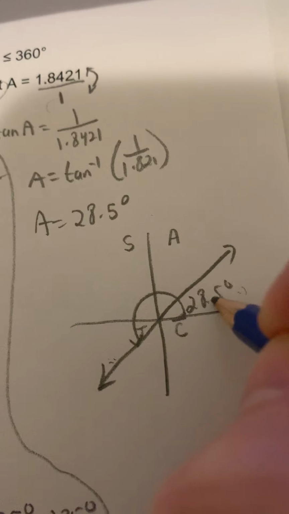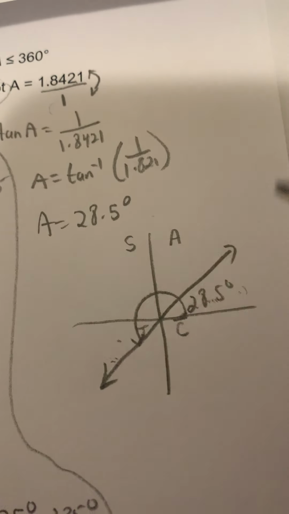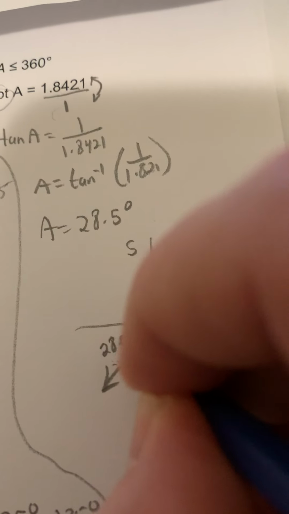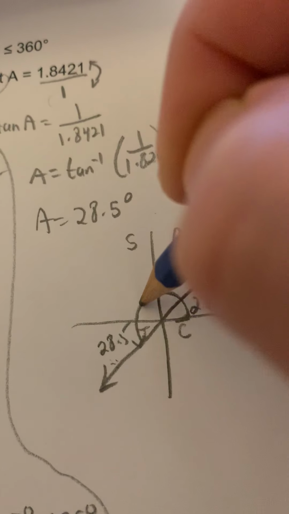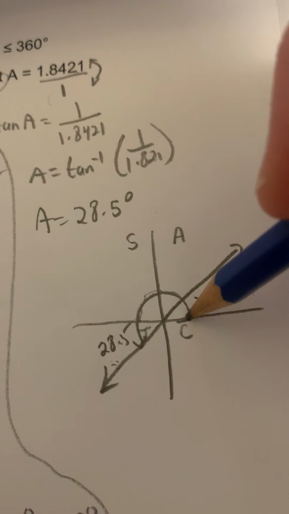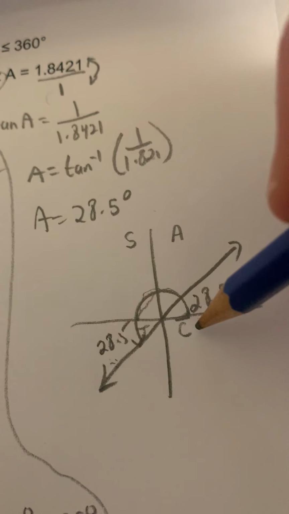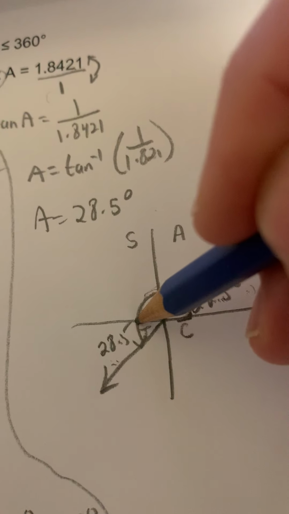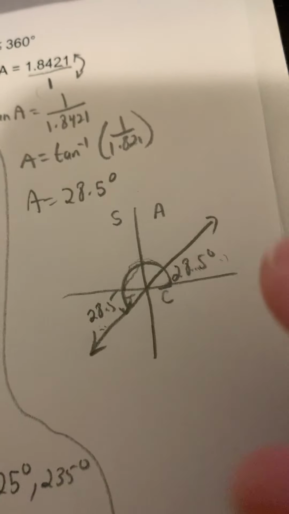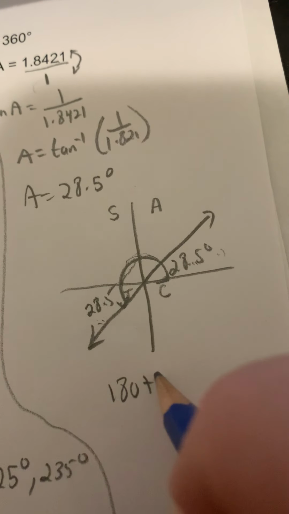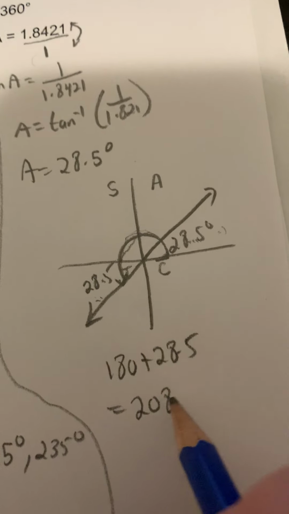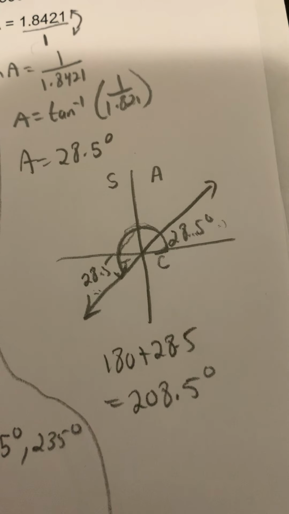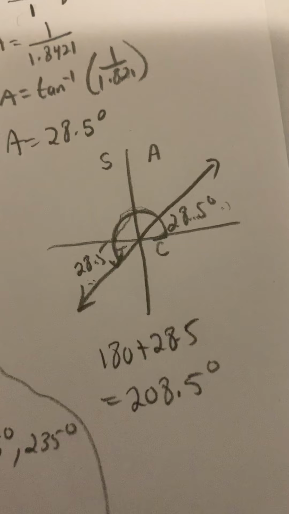If this is 28.5, this is also 28.5. So from the positive x-axis to the negative x-axis is 180 degrees. Add an extra 28.5, and we get 208.5 degrees.